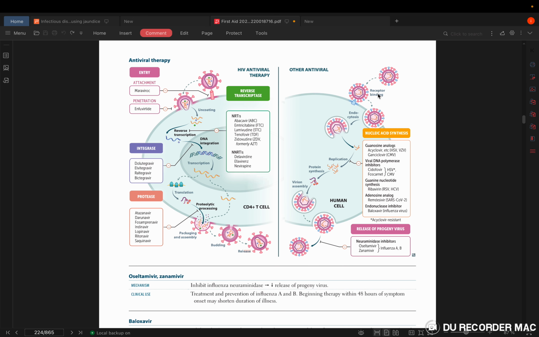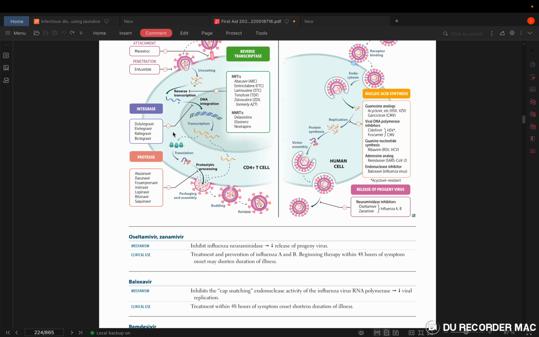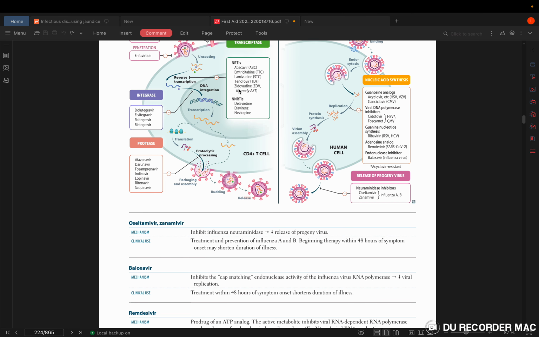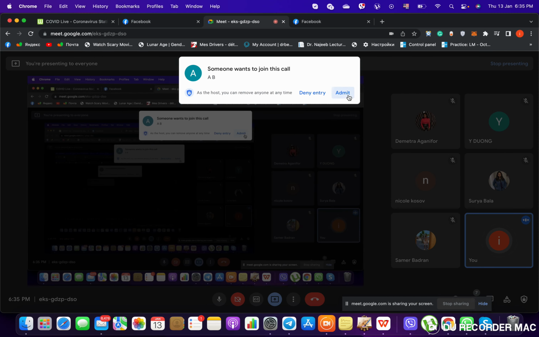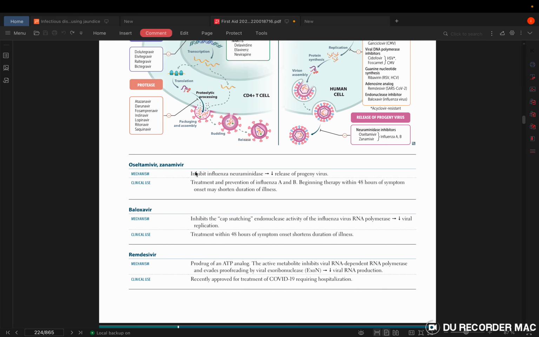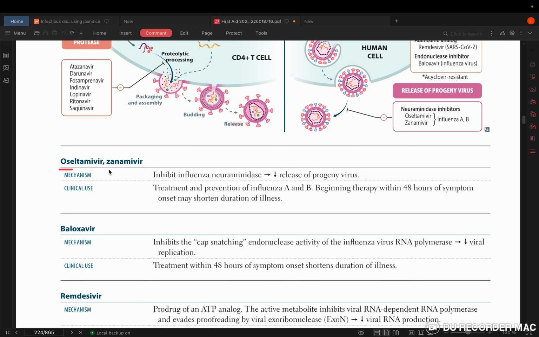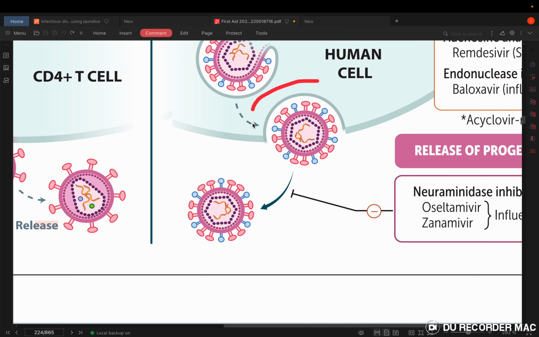Now, this is just in general, and I did not go into details, and if you did not get something I just said, it's totally okay, because now comes the time that you have to understand, okay? So, oseltamivir and zanamivir inhibit the influenza neuraminidase, which decreases the amount of viruses that will be released from the cell.